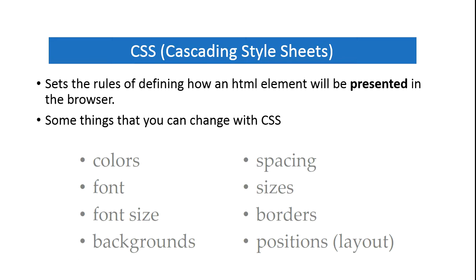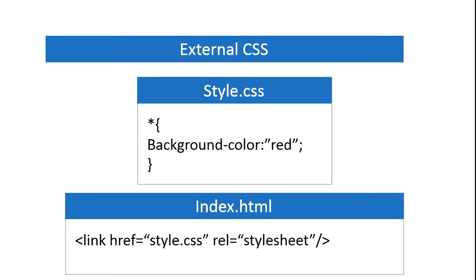Now how can we achieve this? There are three types of CSS. First is external CSS. As the name suggests, we have to create an external CSS file, and we need to include it in our HTML page.